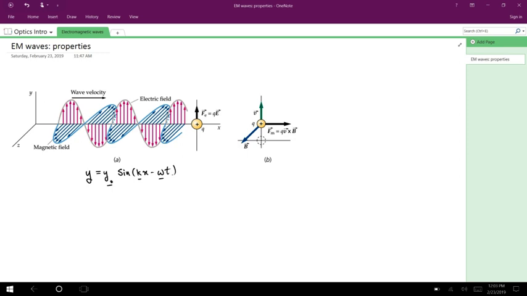For instance, k was 2 pi over lambda, where lambda is the wavelength. Omega is the angular frequency, but omega over 2 pi is equal to f, where f is the frequency of the wave, right?